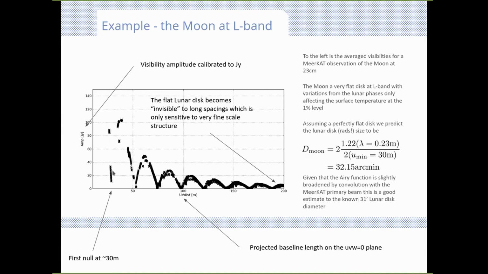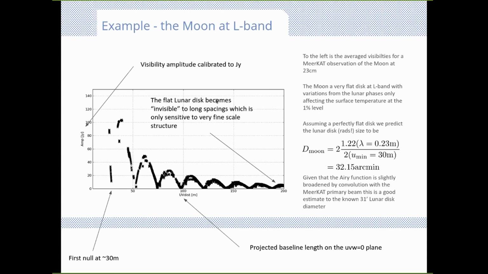And now, again, the moon is very roughly a pillbox, so a very, very flat disk. It has some structure, but it's really, really flat. So let's assume it's a flat disk and it doesn't taper off towards the edge, just to make the mathematics here a bit simpler. And we measure the first null here at 30 meters, right? So this is one of the shortest spacings within the MeerKAT array.